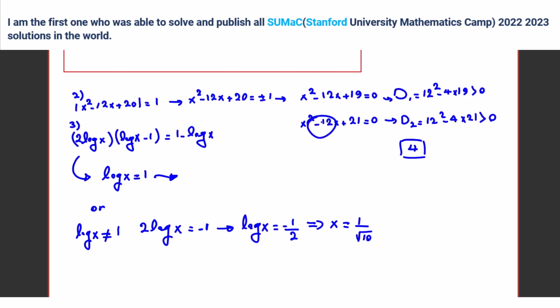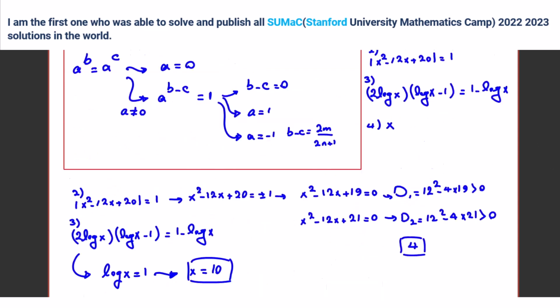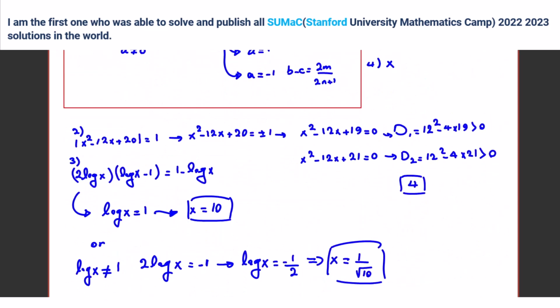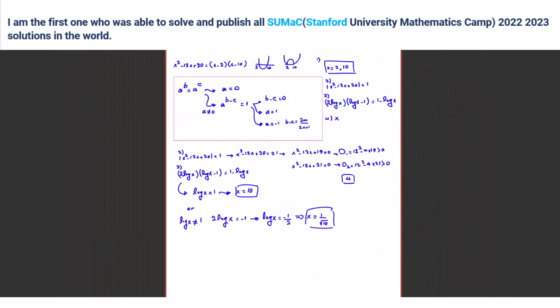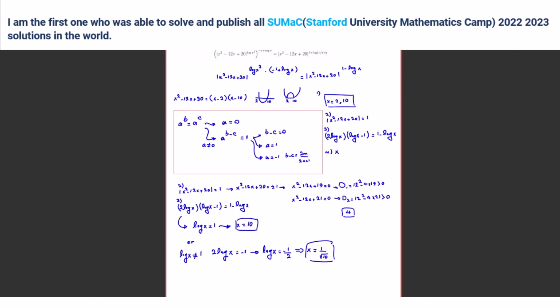For this one, x is 10. So if we consider this part, how many answers are there? The 10 is repeated, here and here, right?